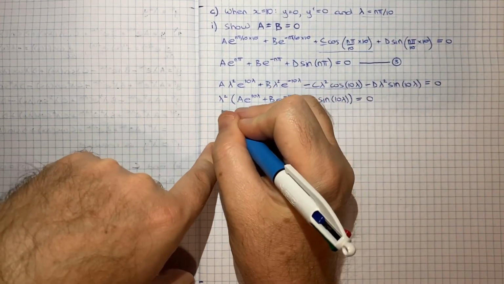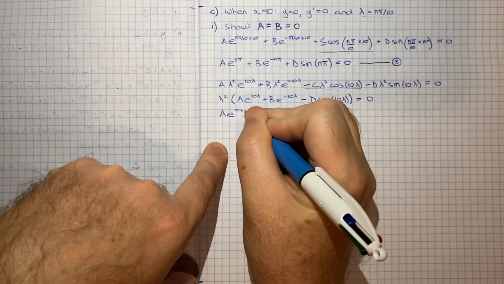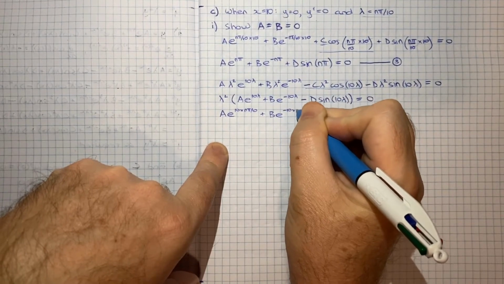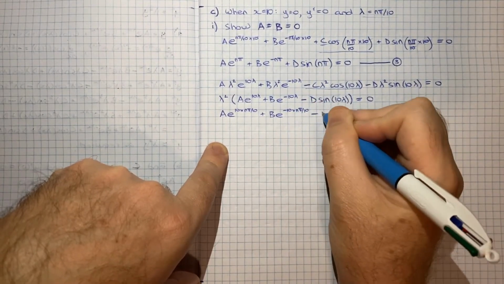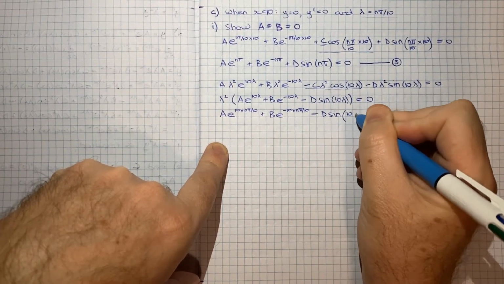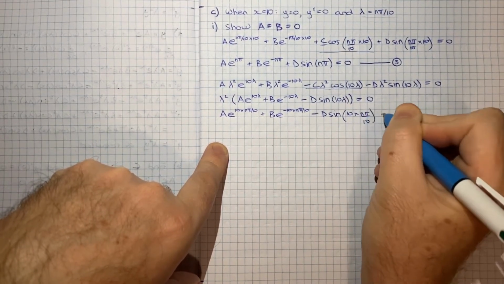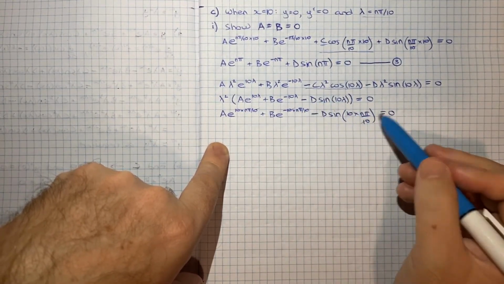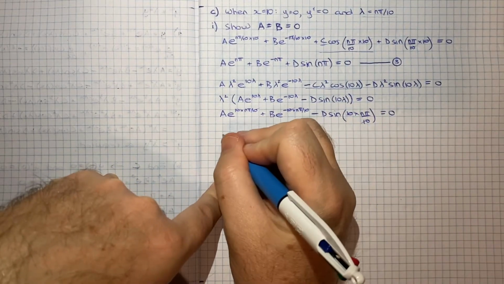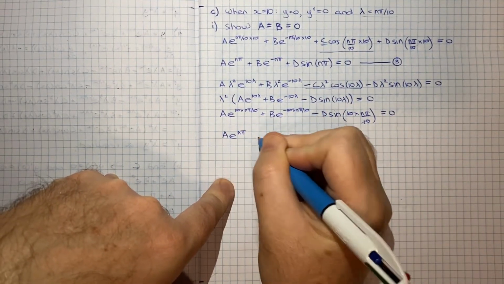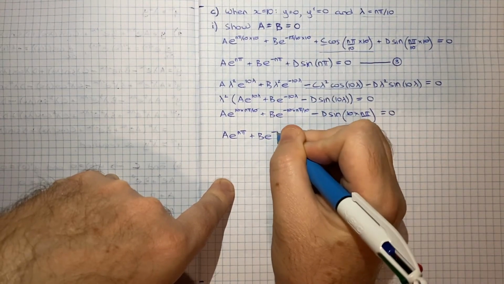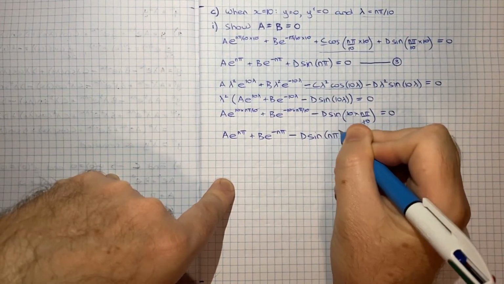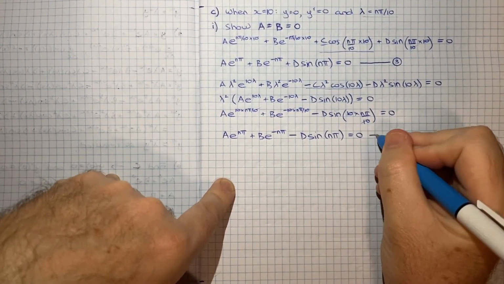So we'll get a e to the 10 times n pi on 10 plus b e to the negative 10 times n pi on 10 minus d sine 10 times n pi on 10. That's all equal to 0. The 10s will cancel each other out just like they did before. So we'll get a e to the n pi plus b e to the negative n pi minus d sine n pi is equal to 0. And I might call this equation 4.